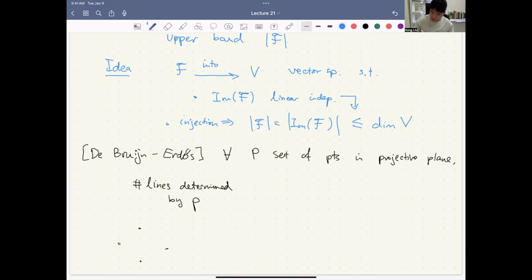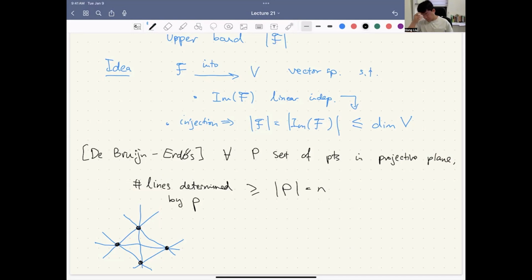For every 2 points, it determines a line. For any 2 points determines a line, so you draw this line, right? Here's an example. Every 2 points determine the line. So the number of lines determined by the point set P is at least the cardinality of the set P, which let's use n to denote. So you have n points.